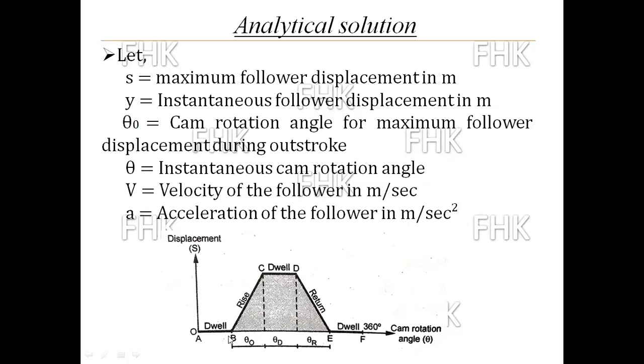AB, CD and EF denote the dwell periods of the follower motion, B to C is the rise, and D to E is the return stroke of the follower, where theta O is the cam rotation for the outward stroke, theta D is the cam rotation for dwell, and theta R is the cam rotation in the return stroke. On the vertical axis, S denotes the displacement of the follower.